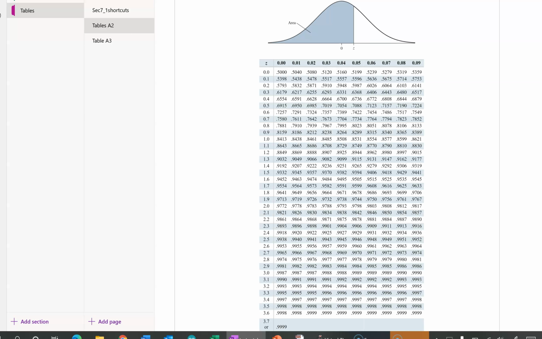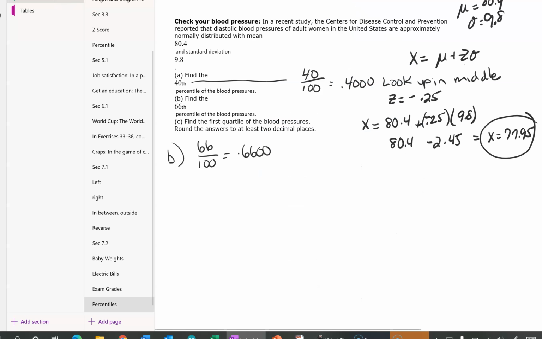Looks like it's right here. This is 9 away, this is 28 away, so this one's closer. Right here. So that corresponds to 0.41 for my z. So z is 0.41.